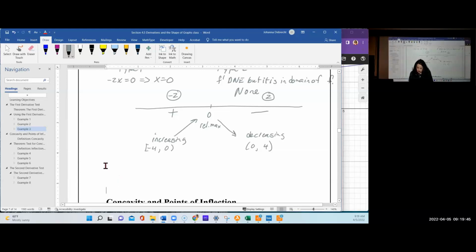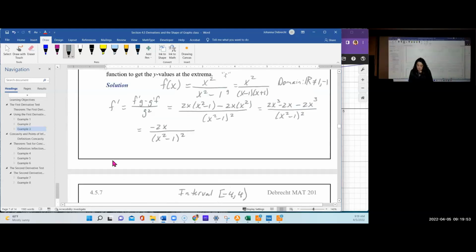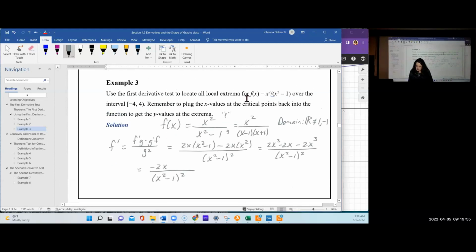So how do we find the relative maximum? We're going to take the original function and we're going to put 0 inside of it. So now we need to find the original function, which was up here.